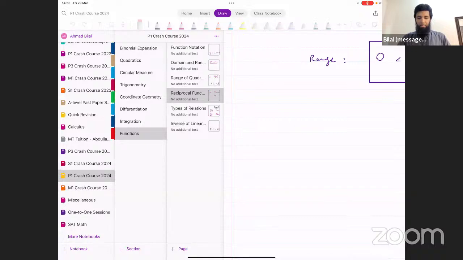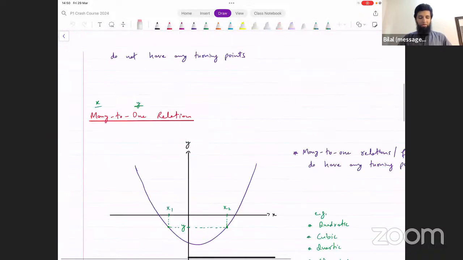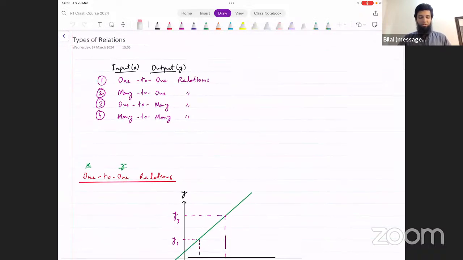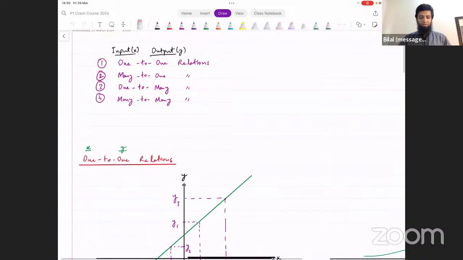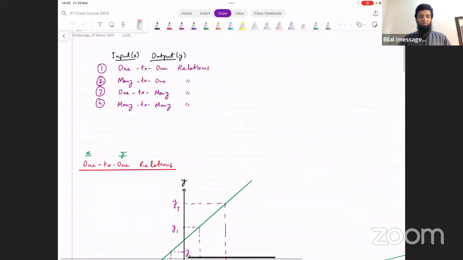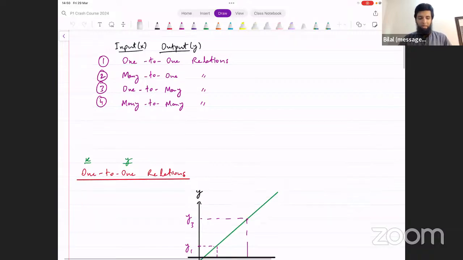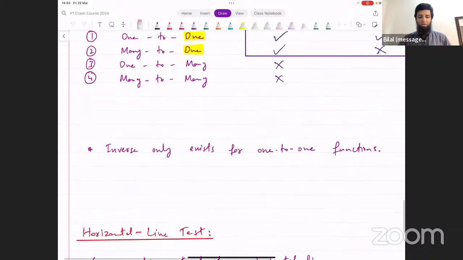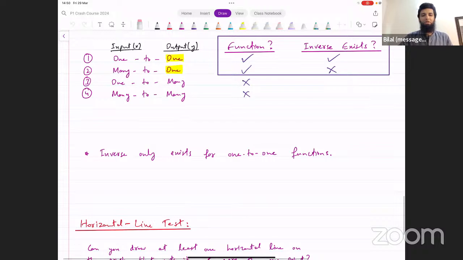In the last session, we talked about these different types of relations that you can have: one-to-one, many-to-one, one-to-many, many-to-many. And we basically concluded that only the first two types are called mathematical functions. When you have a one-to-one relation or a many-to-one relation, these are the ones that are called mathematical functions.